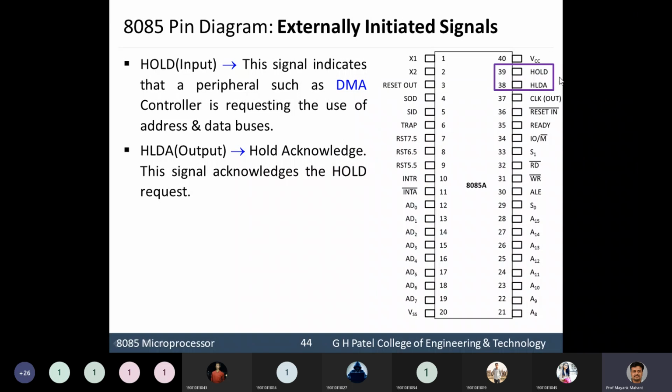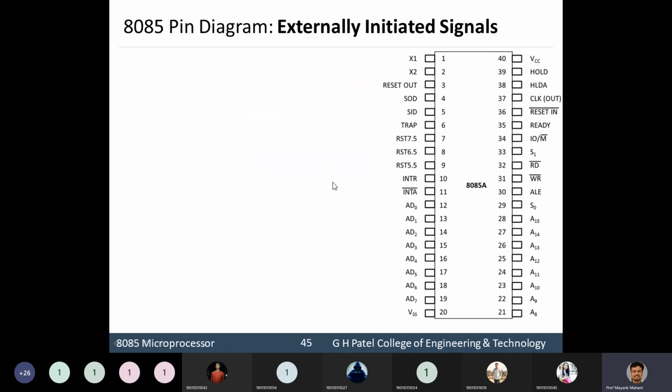So if any peripheral wants to use the address and data bus, it will provide a HOLD signal to your 8085. If the 8085 recognizes the signal, it will provide acknowledgement to that peripheral with the help of the HLDA signal. So hold acknowledgement is a signal to acknowledge the hold request.